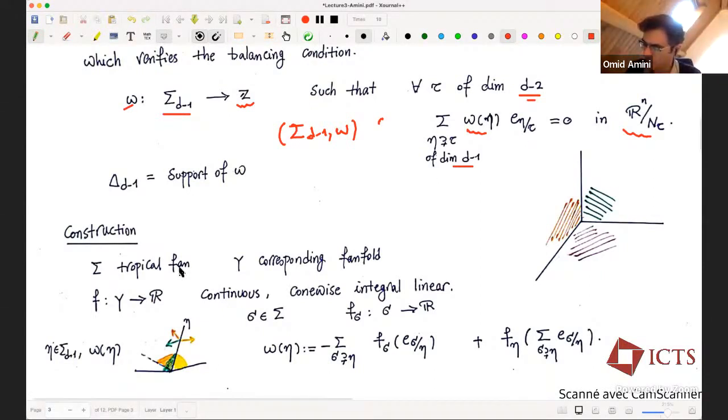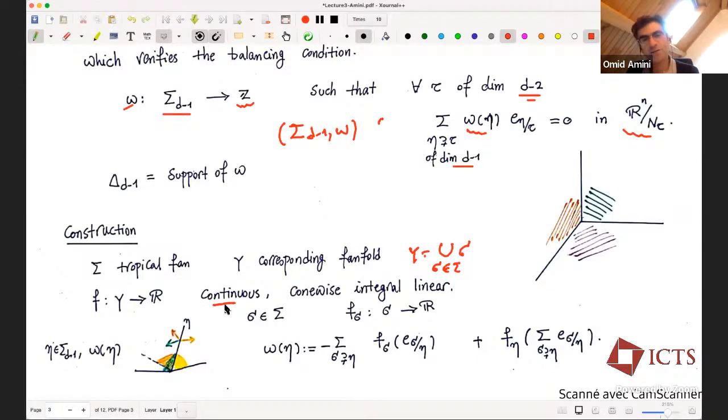You start with a tropical fan. You take the corresponding fanfold, which is just the support of sigma, the union of the cones sigma that you see inside the fan. Now you take a function which is defined on this fanfold. It has values in R, so it is a real valued function. You assume that it is continuous.